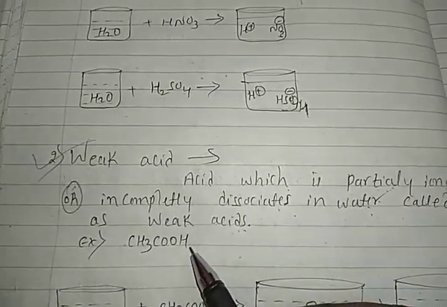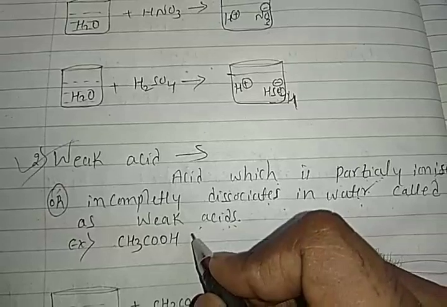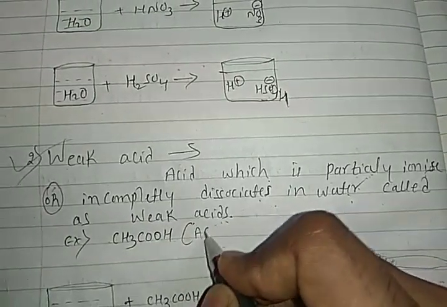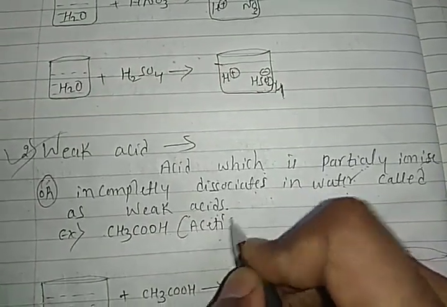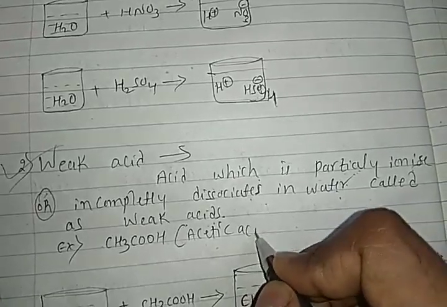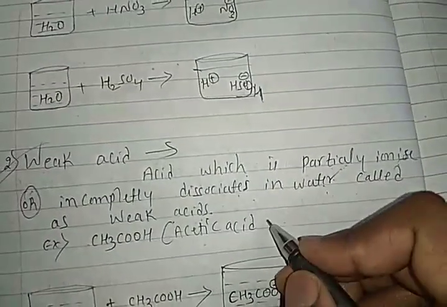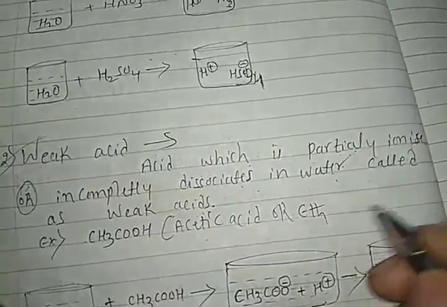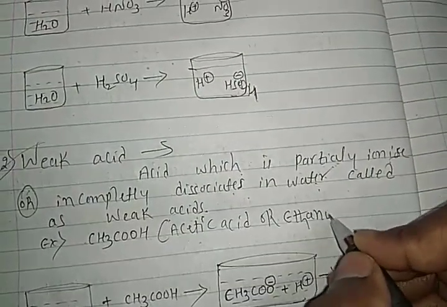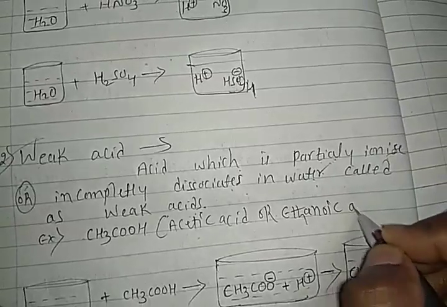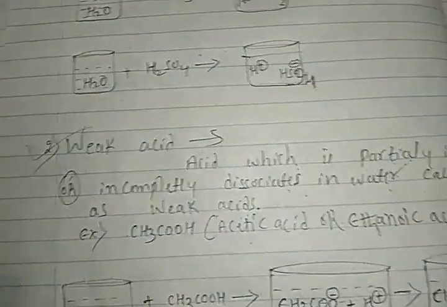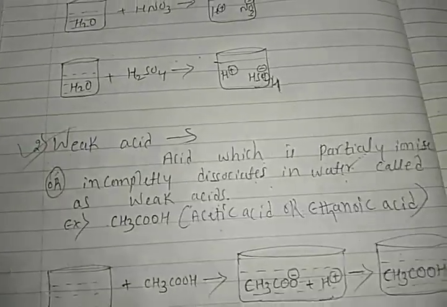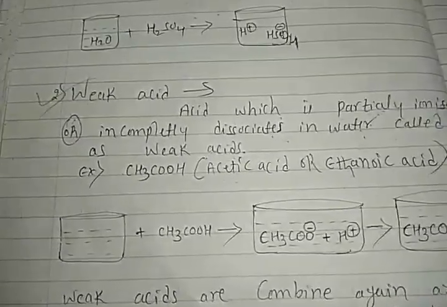Example, acetic acid. I will write the name here, students. The name of this is acetic acid, or it is also called ethanoic acid. Look here, students.